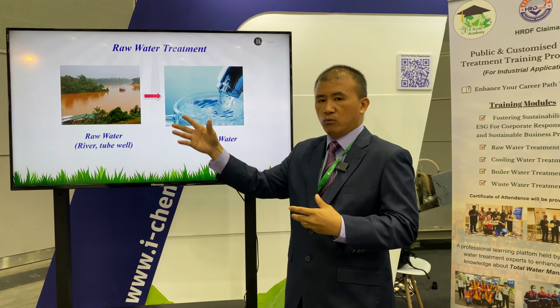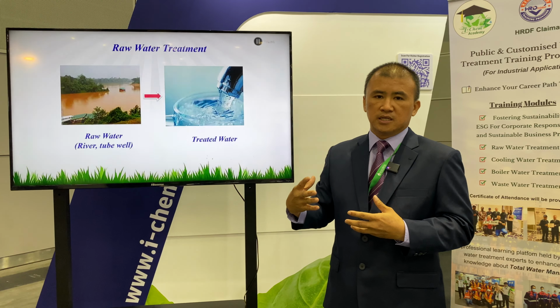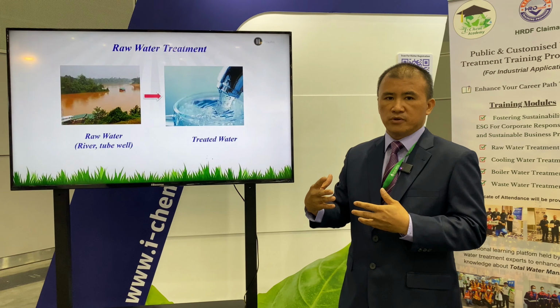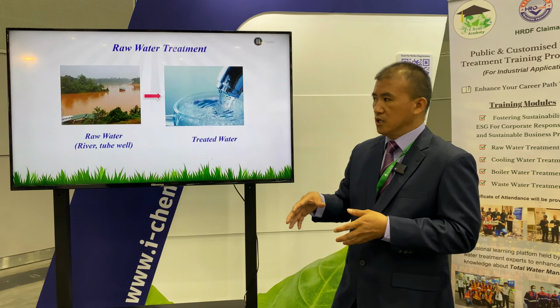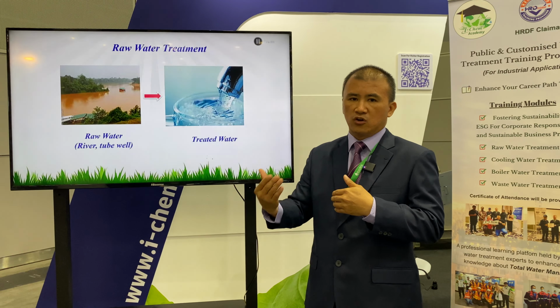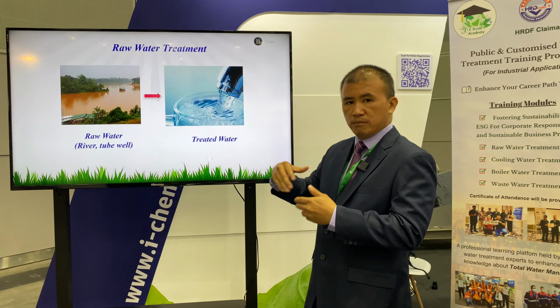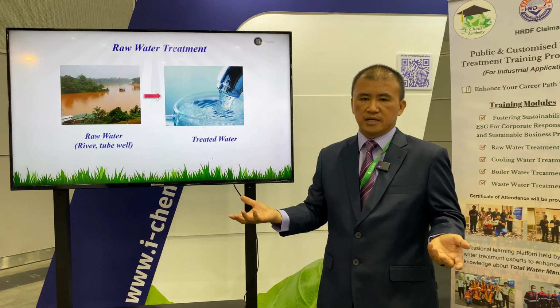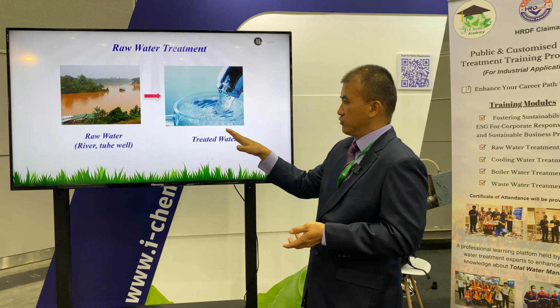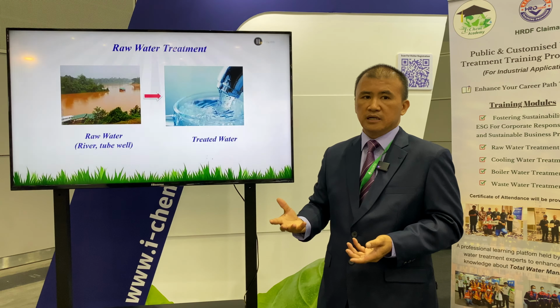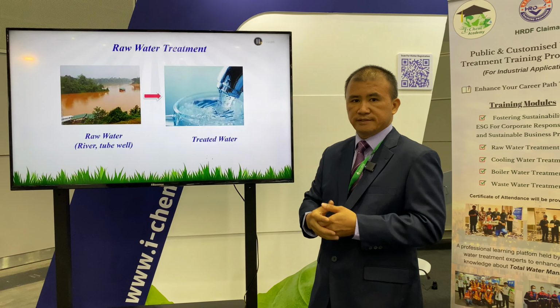The common process used in the market is using chemicals, coagulation and flocculation, to separate the suspended solids and get clean water for daily use, especially for industrial application. After treatment, the water will be very clear and can be used.